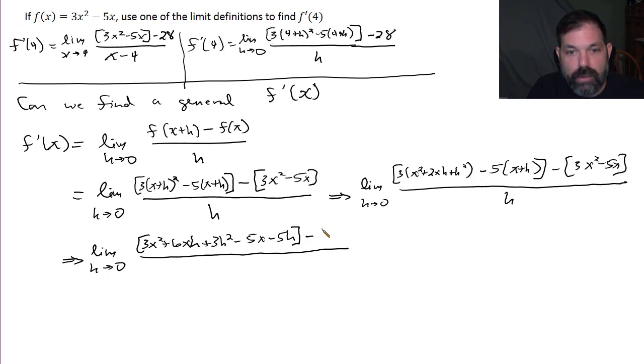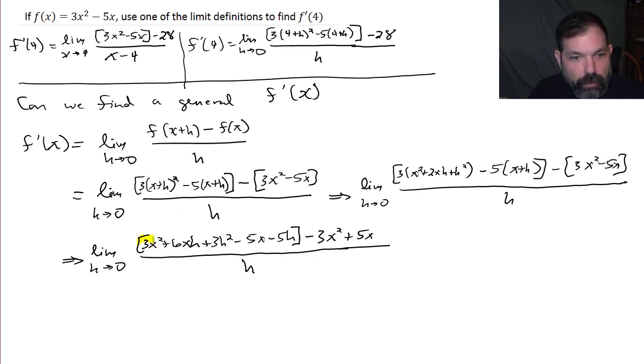Then minus 3x squared. Actually, I'm going to go ahead and distribute here. Let's distribute through the second term here. So I'd have a minus 3x squared and a plus 5x, still over h. Now let's look and see if there are any like terms here.